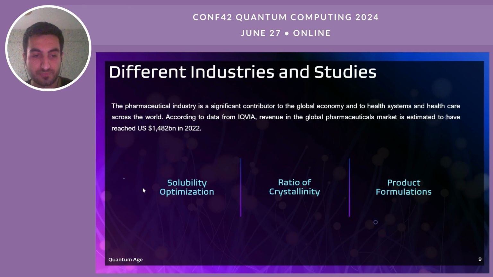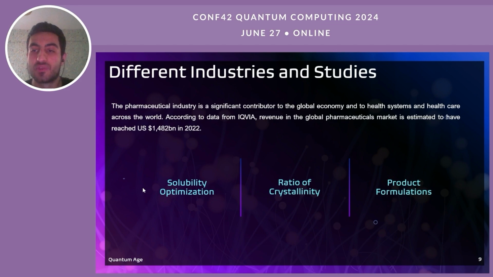We need to measure the drug crystallinity ratio, solubility optimization rate, and the product formulations in the organic product formulations. You need to know the material science, and you need to be quick. You need to solve your problem as quickly as possible.